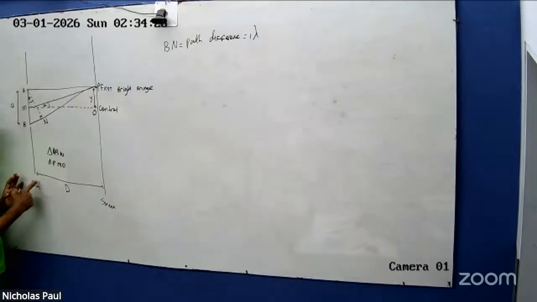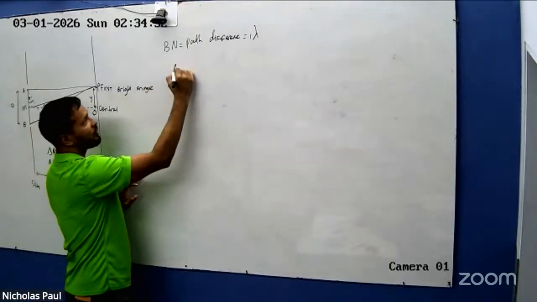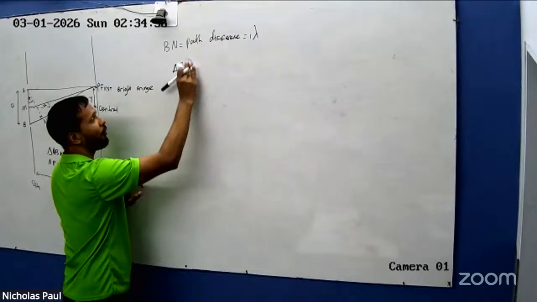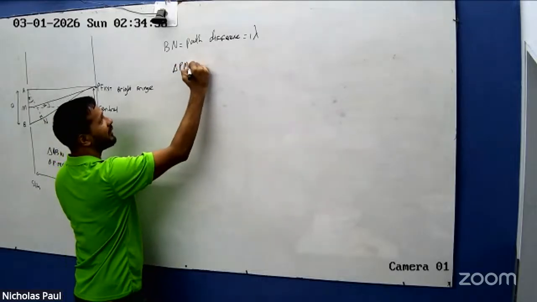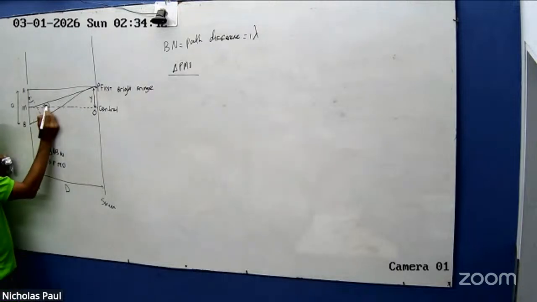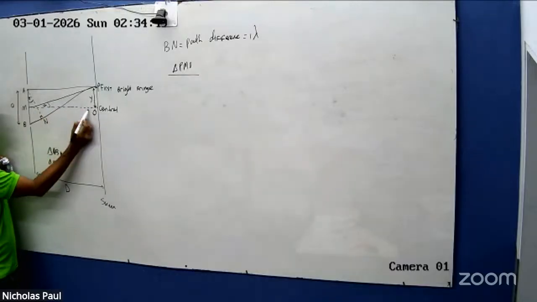Let's deal with triangle PMO first. Let's take a look at tan. Tan theta is opposite over adjacent, right?